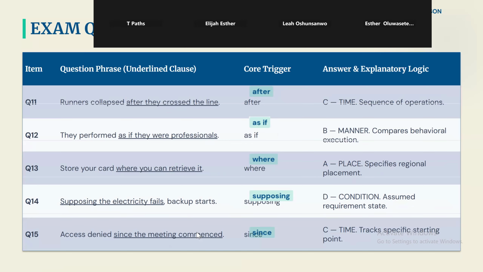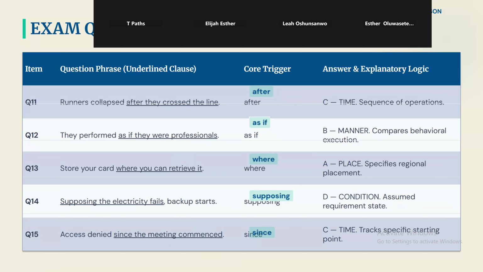Another set of questions, 11 to 15. Runners collapse after they cross the line. What's the trigger word there? After. That explains the time sequence of operations. The next one, they perform as if they were professionals.